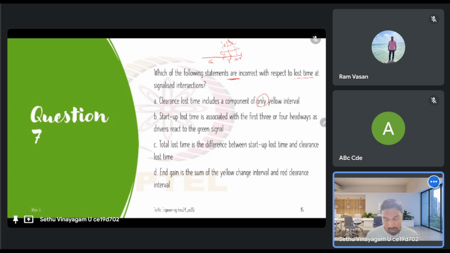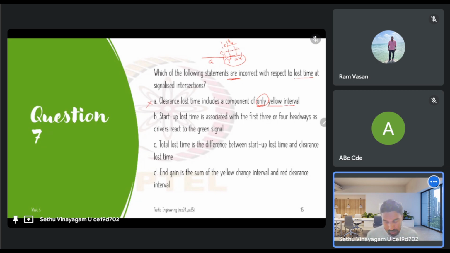Which means that L2 is not only having the yellow change interval, but it also has some component from the all red interval as well. Therefore, saying only the yellow interval is present is wrong, right? It has the yellow interval and also the all red interval. So A is incorrect.